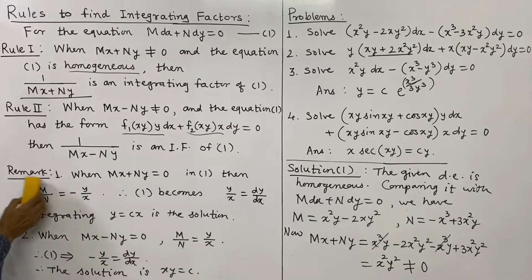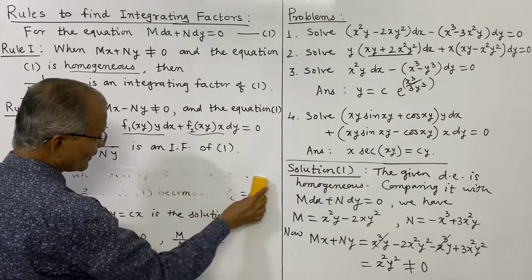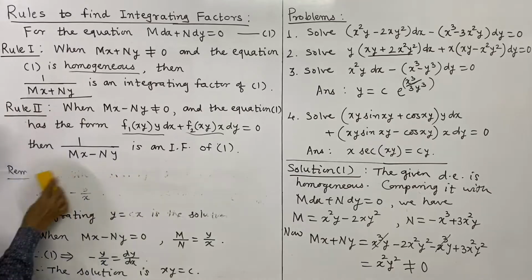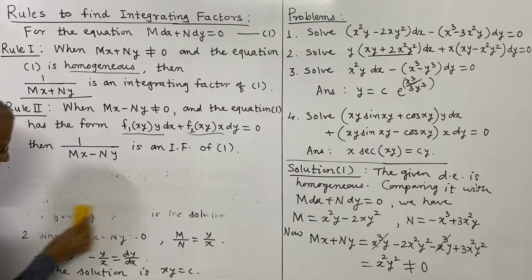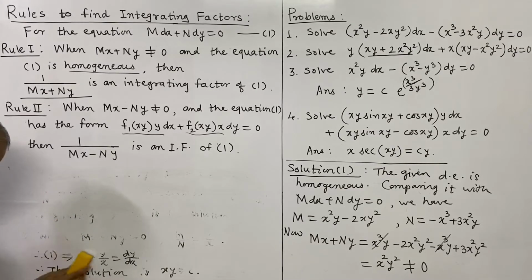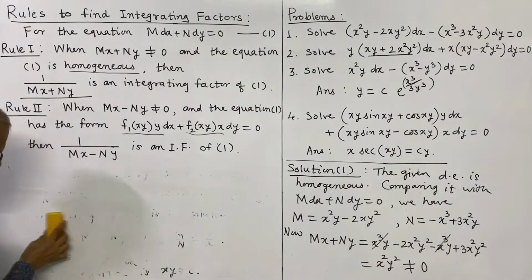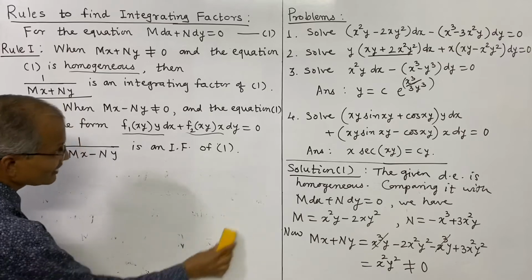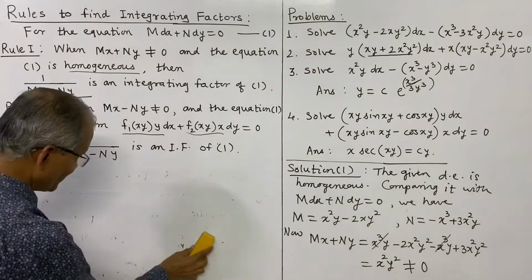And now I shall write here. Therefore by rule, 1 over Mx plus Ny is an integrating factor of the given differential equation. Or we may suppose the given differential equation to be 1.